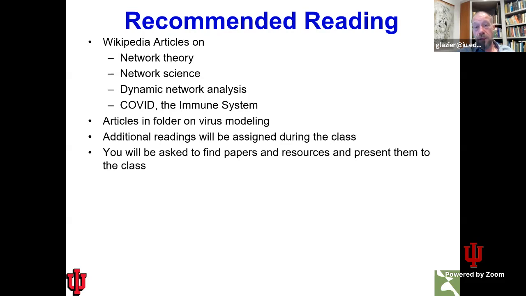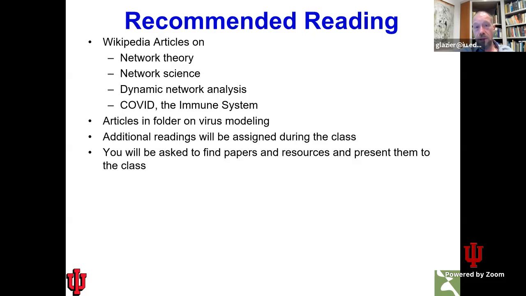I strongly recommend, given that you need to know a lot of different things that are not very high level, starting at Wikipedia is always a great thing. Wikipedia tends to be well written in the areas we're going to be working in. We've got good articles on network theory, network science, dynamic network analysis, all good articles.